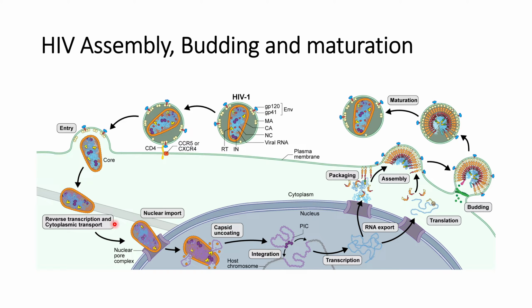Then this nucleocapsid moves into the nucleus through the nuclear pore complex, and this is called nuclear import. When the HIV virus is within the nucleus, the uncoating of the capsid occurs, and the genetic material present within the virus then starts the process of integrating into the host chromosome.